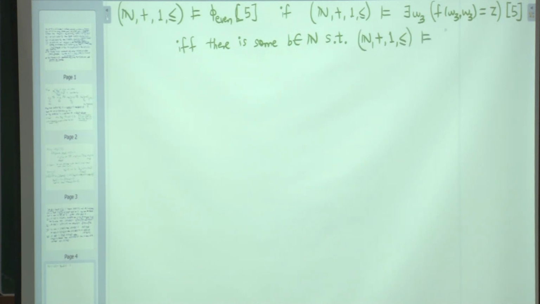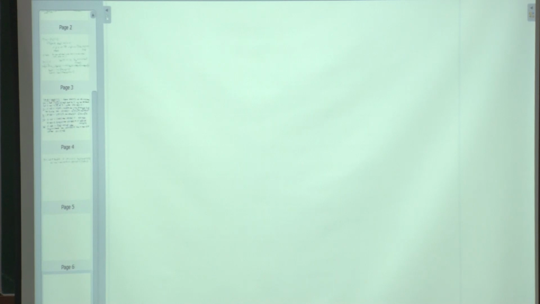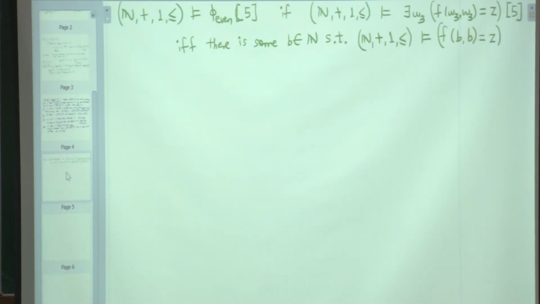So f W3, now I am going to say f b comma b is equal to now z interpreted in, perhaps I should be a bit more careful. Sorry, I will write it more properly. I will use another notation. So x hasn't been used here. Okay, so I will use f x comma x is equal to z.